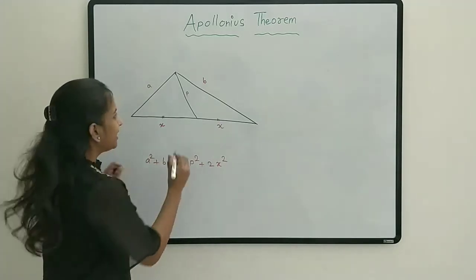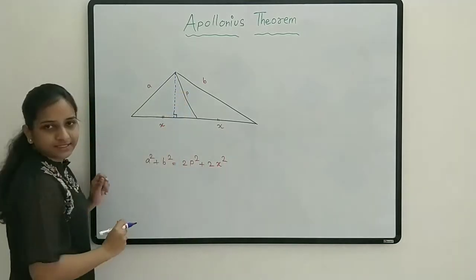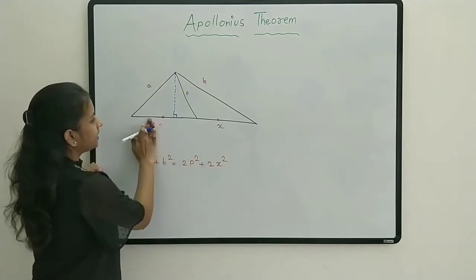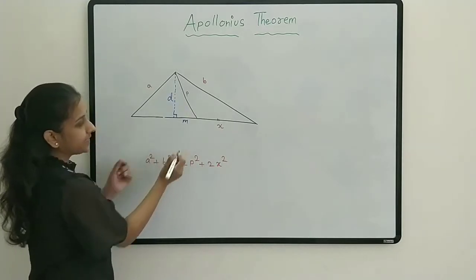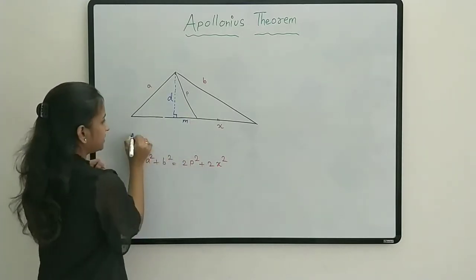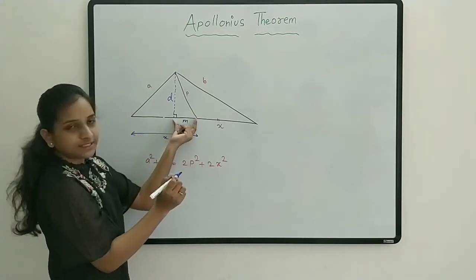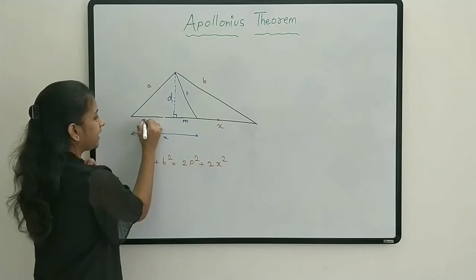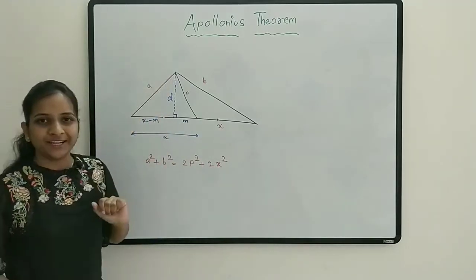For that, let's draw one altitude here. This is the altitude. Consider this side is of length D and this side is of length M. This is X and out of this is M. So what is this side? X minus M. Simple.